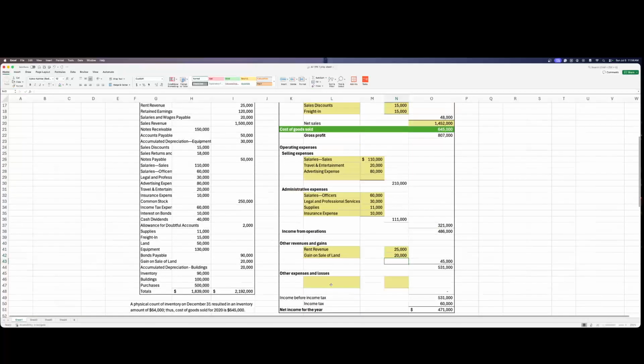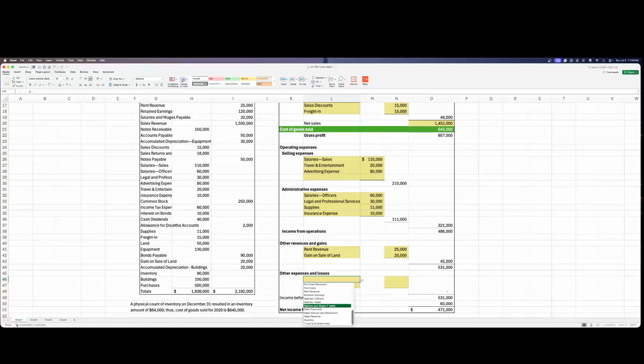Other expenses and losses: here we'll most likely see interest on the bonds and notes, and income tax expense. Interest on bonds and notes, 10,000, and the income tax expense, 60,000.